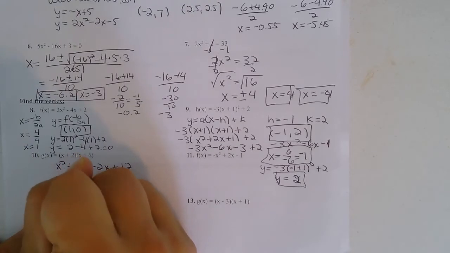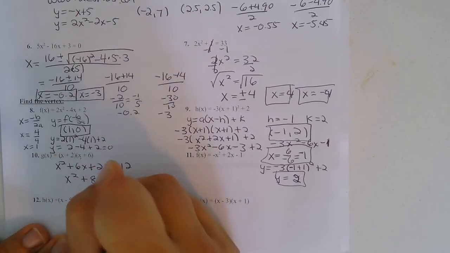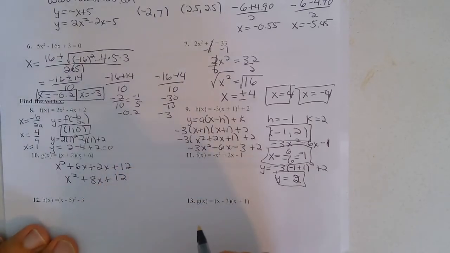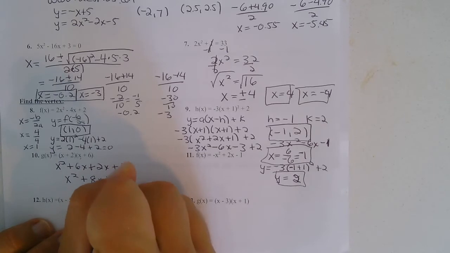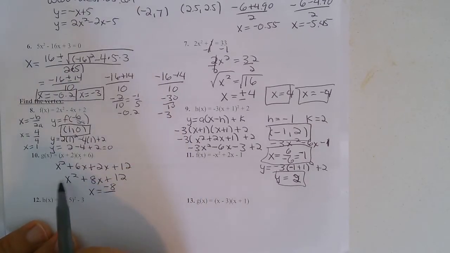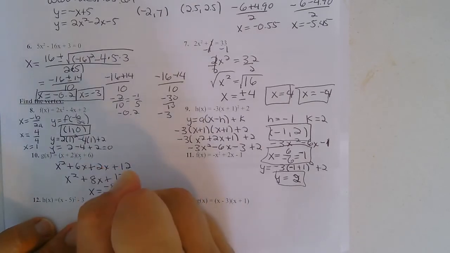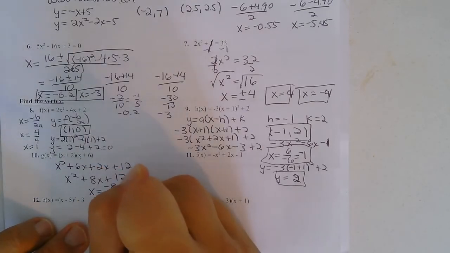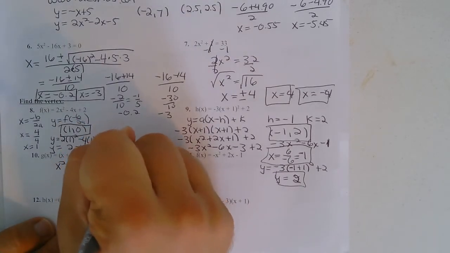So here we have x squared plus 8x plus 12. And then again, the x coordinate is going to be negative b over 2a, so negative 8 over 2 times 1, or just 2. Negative 8 over 2 is negative 4. So our x coordinate here is going to be negative 4.